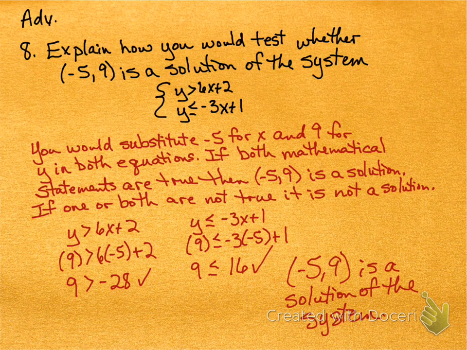Basically, you're going to substitute negative 5 for X and 9 for Y in both the equations. If they're both true, then it's a solution. If one or both are not true, it's not a solution. Went in there and checked them, and they are both true, so negative 5, 9 is a solution of the system.